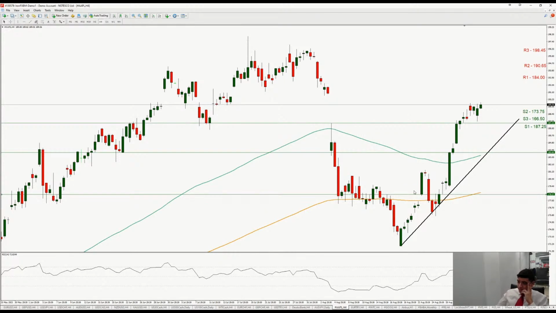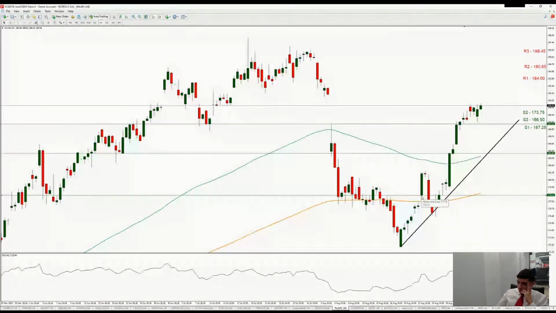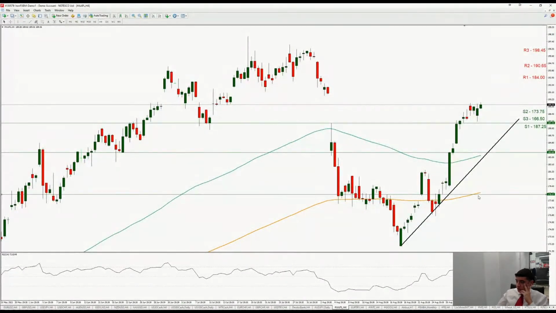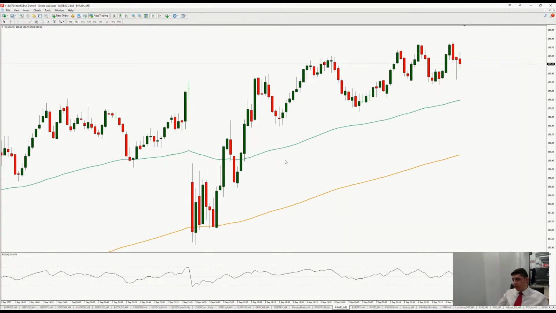Just barely not validated by the wick. Open and closed on this level. 178.40 rounded up. Going to smaller time frame.